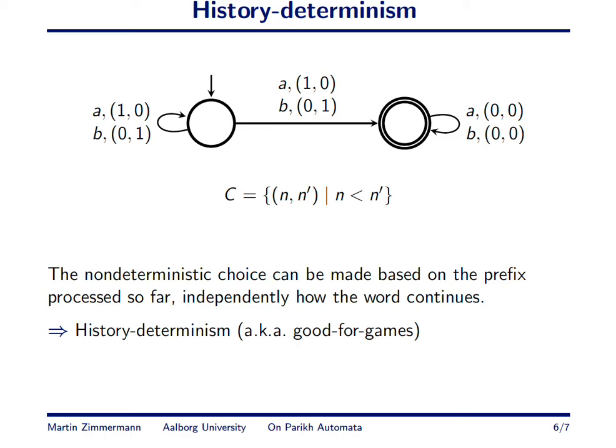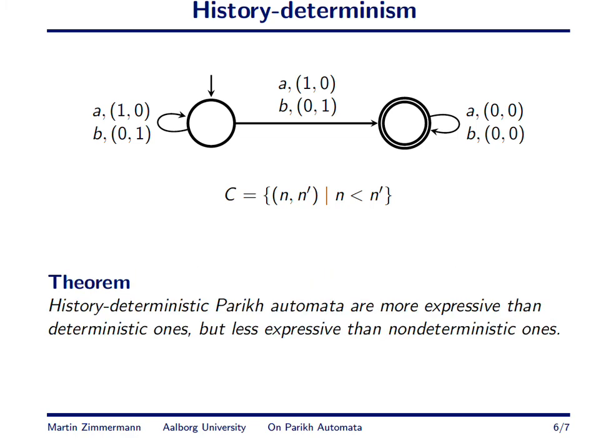But recently these two terms were separated for certain classes of automata, so we prefer to use here the term history determinism. It turns out that history deterministic Parikh automata are indeed more expressive than deterministic ones, but less expressive than non-deterministic ones.